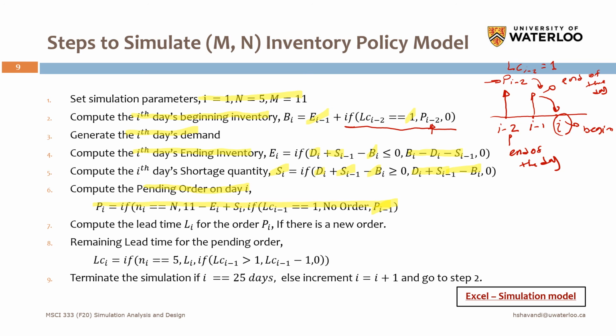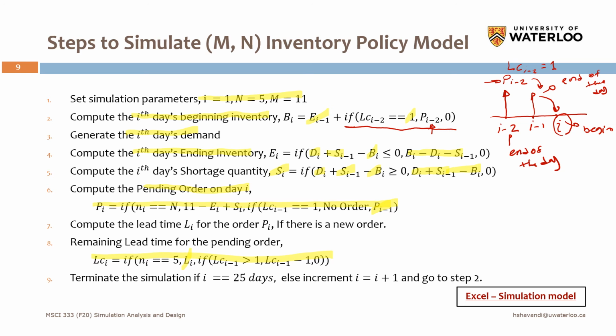And for the remaining lead time for the pending order, we have this. If the day in the cycle is the last day, it equals 5, then the remaining lead time will be exactly the lead time, LI.